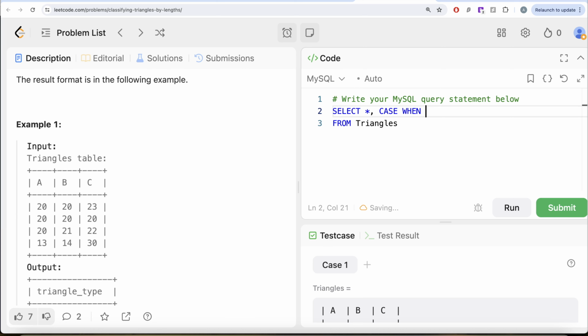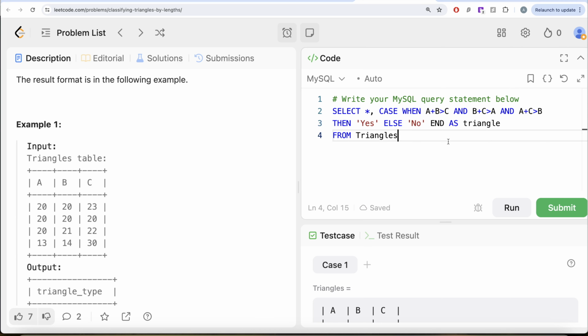To check the condition: case when A plus B is greater than C and B plus C is greater than A and A plus C is greater than B. If all three conditions are satisfied, then it is a triangle, so yes; else, if any of these is not satisfied, you return no. Since we started a case statement, let's rename this column as triangle.